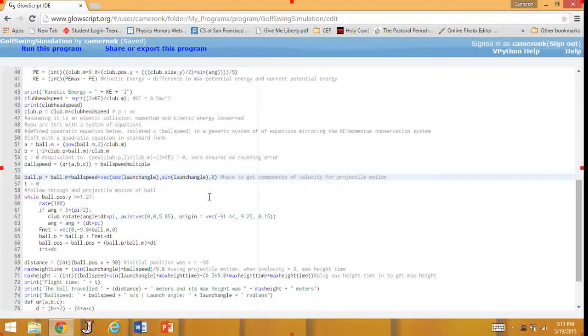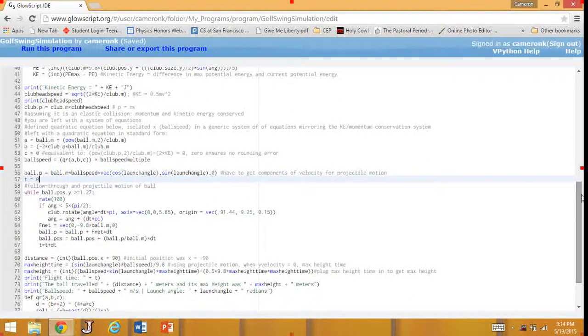So you multiply by the vector quantity with x being the cosine of the launch angle, which we defined above, and y being the sine of the launch angle. So that'll give you an accurate vector quantity for momentum. And then I'm setting time equal to 0, again, just so we can get an accurate perception of the time the ball's in the air.